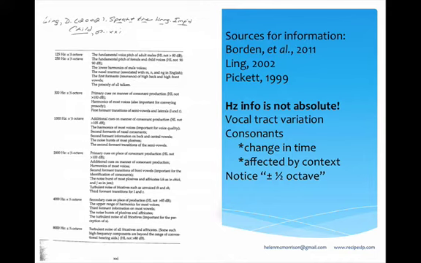It's important to keep in mind, with regard to consonants and vowels, that the frequency information that we describe is not absolute. And even Ling, when you look at his list on the left-hand side of this slide, says that, for example, certain aspects of speech are available at 250 hertz plus or minus 1 octave.